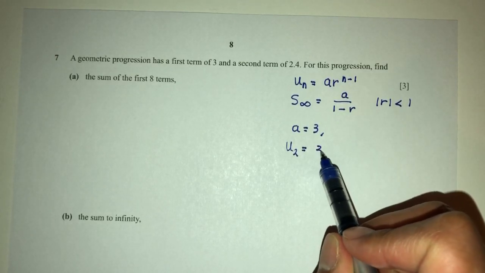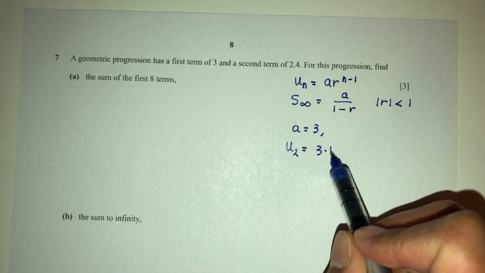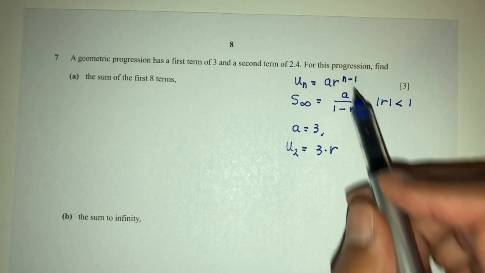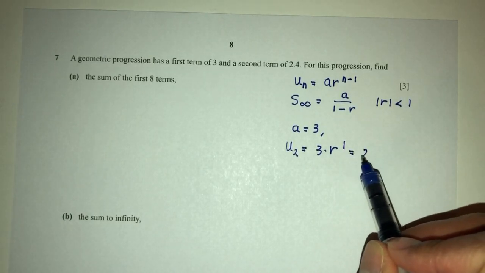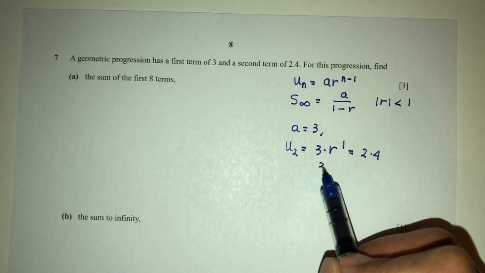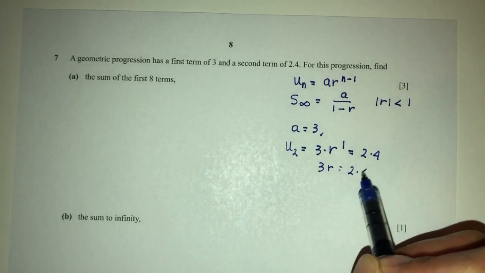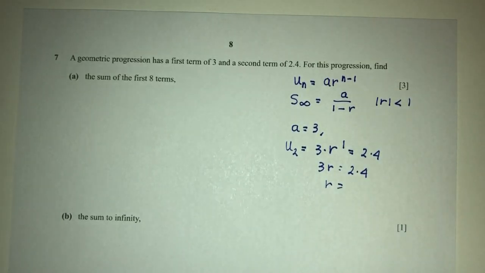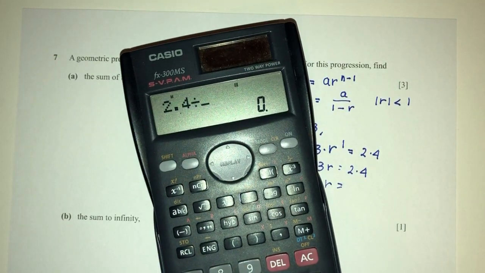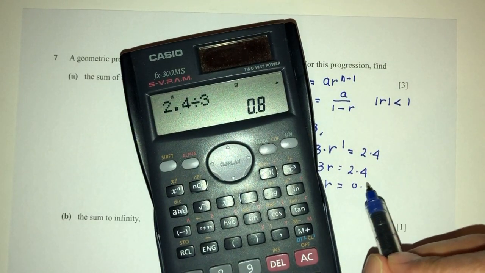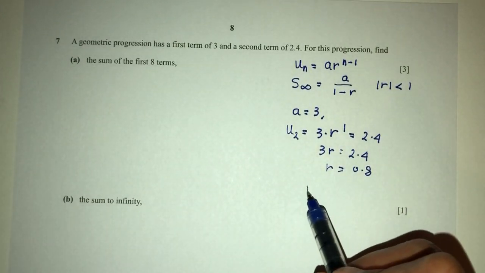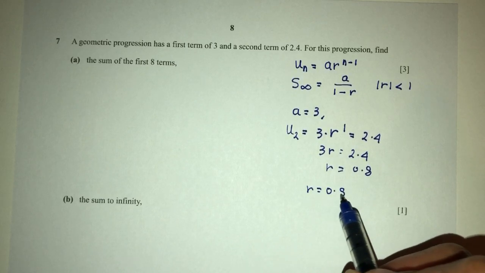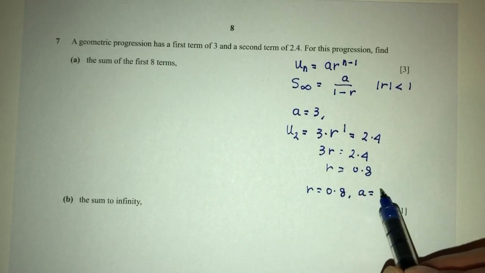So a is 3, r we don't know, and 2 minus 1 is 1, so 3r is 2.4. So r has to be 2.4 divided by 3. That will be 0.8. So basically the conclusion is we have used this information to find that the value of r is 0.8 and the first term is 3.